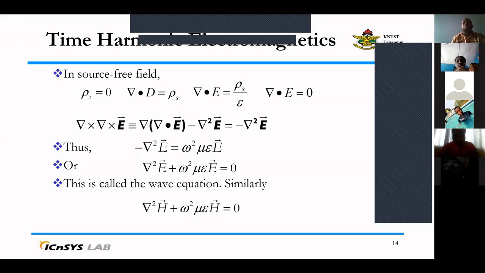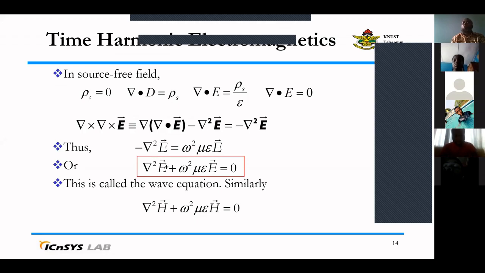This equation here is called the wave equation. And it is the basis for all wave propagation, which has resulted in all of the wireless communication that we have here. So it's a very, very important equation.